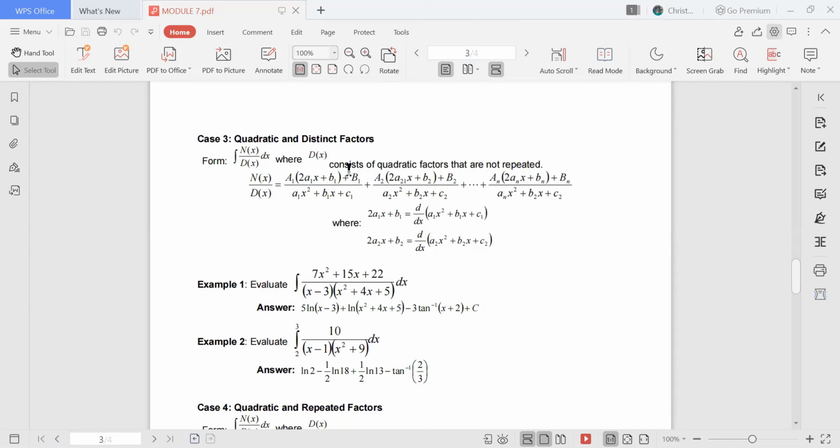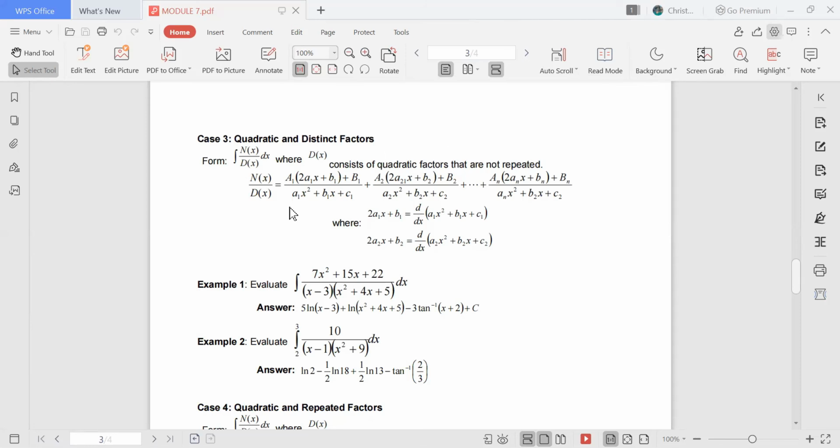A times the derivative plus the value of b over a sub 1 x squared plus b sub 1 x plus c. Plus a sub 2 multiplied by 2a sub 2 x plus b sub 2. So, meron tayong a plus b, dito naman c plus d.